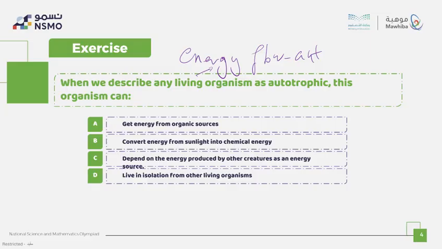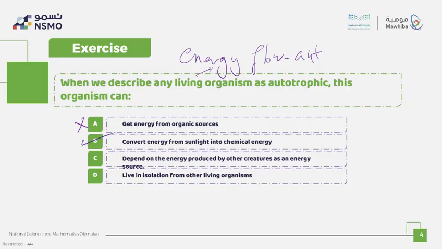So that would be wrong. The other one: convert energy from sunlight into chemical energy. That's what we need. Yes, convert energy from sunlight to chemical energy. That's what we call photosynthesis. So that one, yes, it's right.